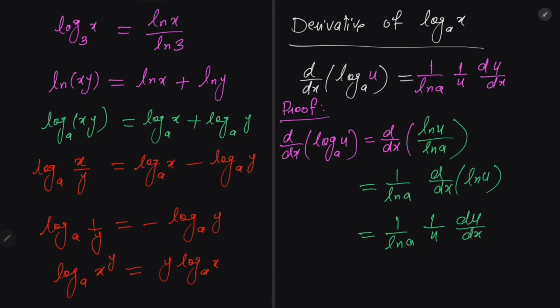Since we want to apply the chain rule, there is u, there is x, so it should be du by dx. And this is the same thing that we already wrote over here, in the derivative form.